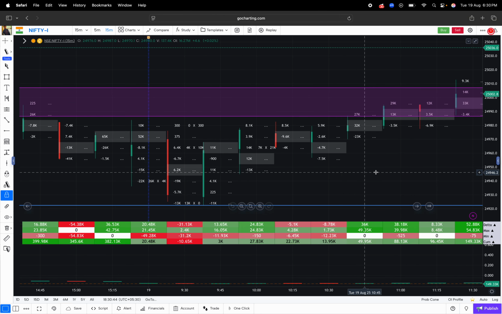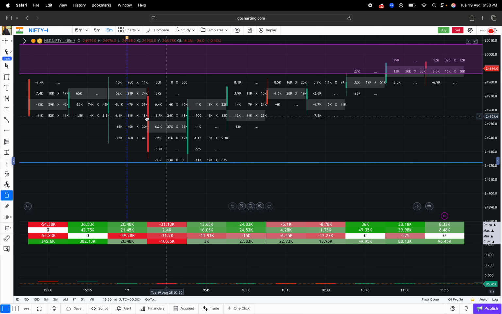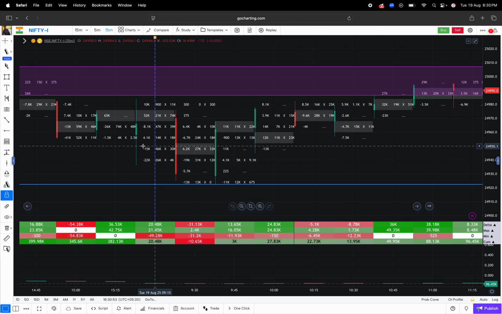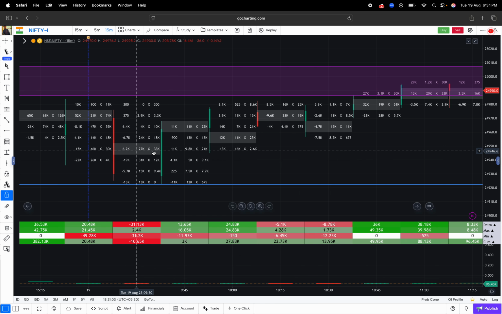Okay, so let us begin with the first candle, the 9:15 candle, which is a very tricky one to handle because most of the overnight positions are closed in the first candle. That's the reason you sometimes see a very heavy delta. Now this is a 20k delta, fair enough.